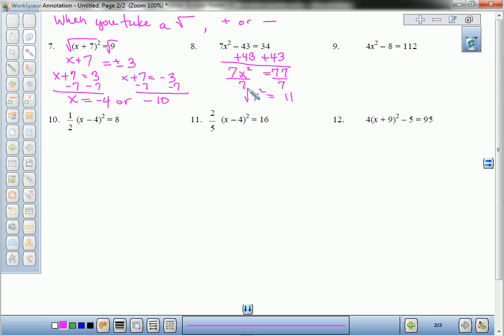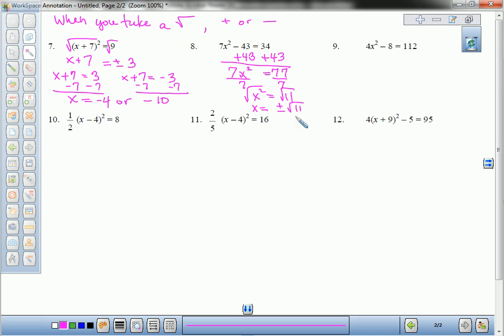So when we take the square root of this, we still get the positive and negative, but this time we end up with irrational. They're still real. Square roots of positives are still real, but they're irrational. And there's nothing I can do with that. The square root of 11 doesn't simplify.